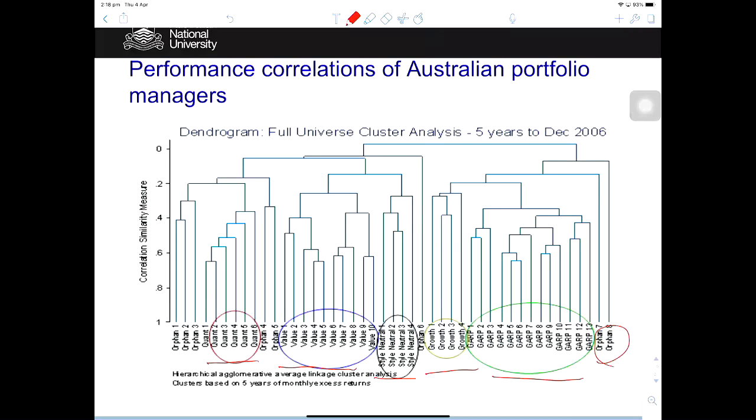So sort of high correlation, or the correlation that's going to make a difference. So these bars, whenever you have the top of the bar indicates the correlation of two managers. So let's have a look. We're going to have the value managers first.